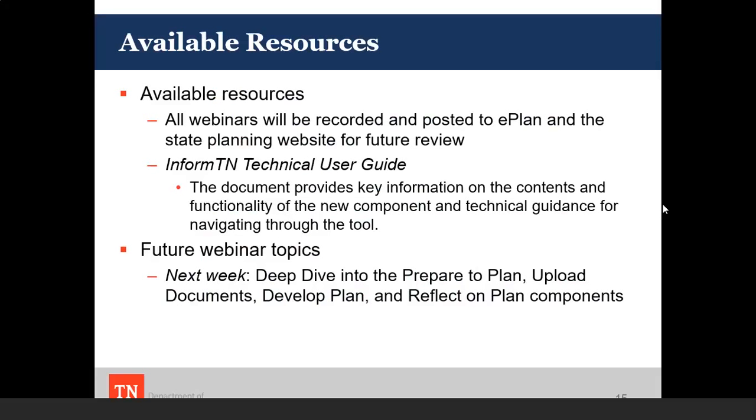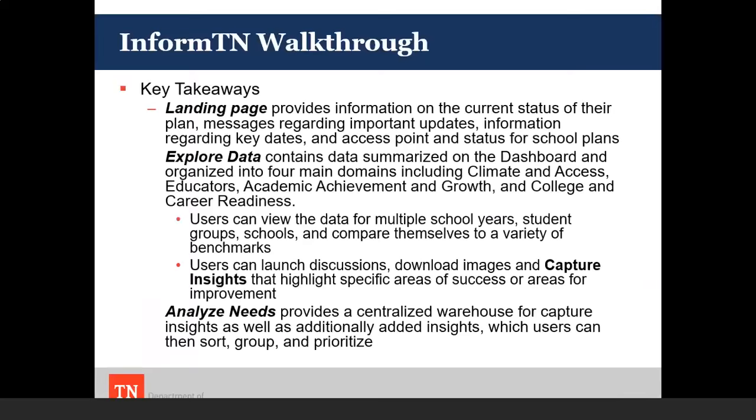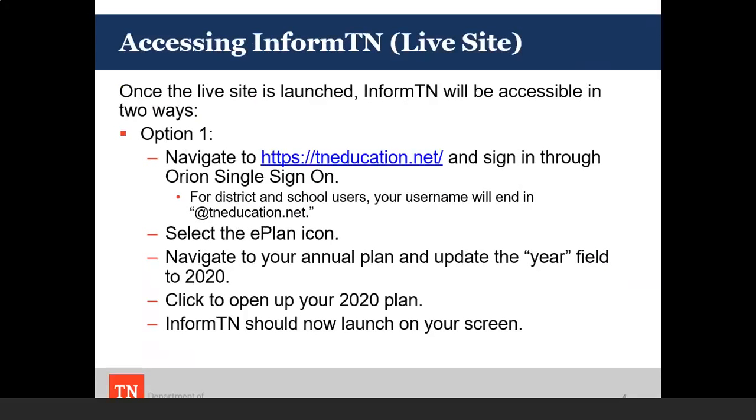One of the questions I do see is regarding the link. Let me go back a few slides to put this back on the screen. There are two ways to access ePlan and therefore get to InformTN.